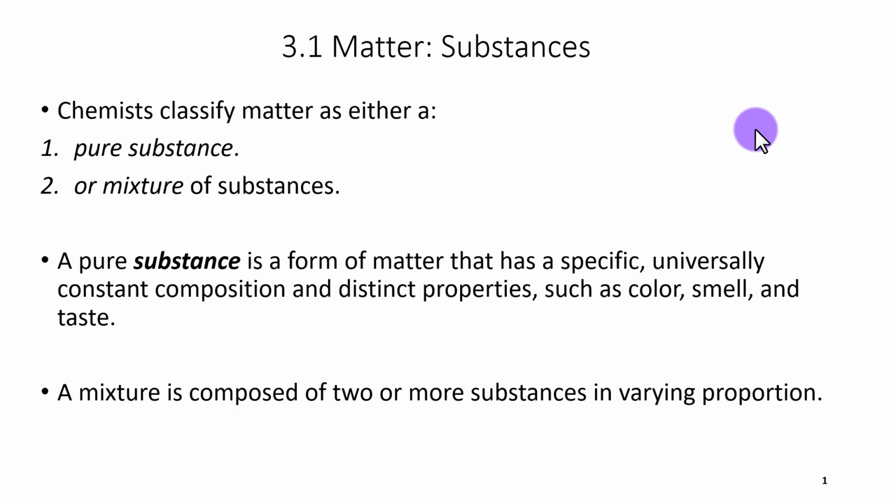If I have water and I dissolve some sugar in it, then I have a mixture. If I have water by itself, that's a pure substance. If I have sugar by itself, that's a pure substance. But once I put them together, now I have a mixture.